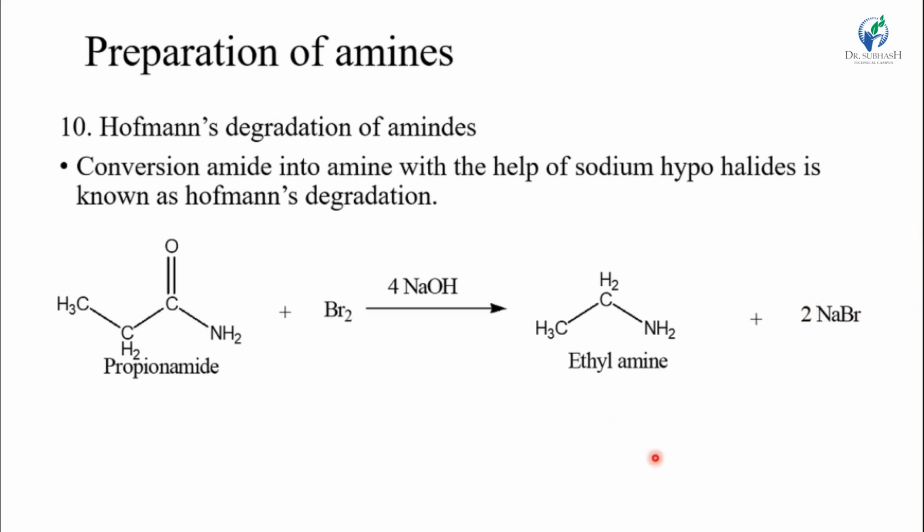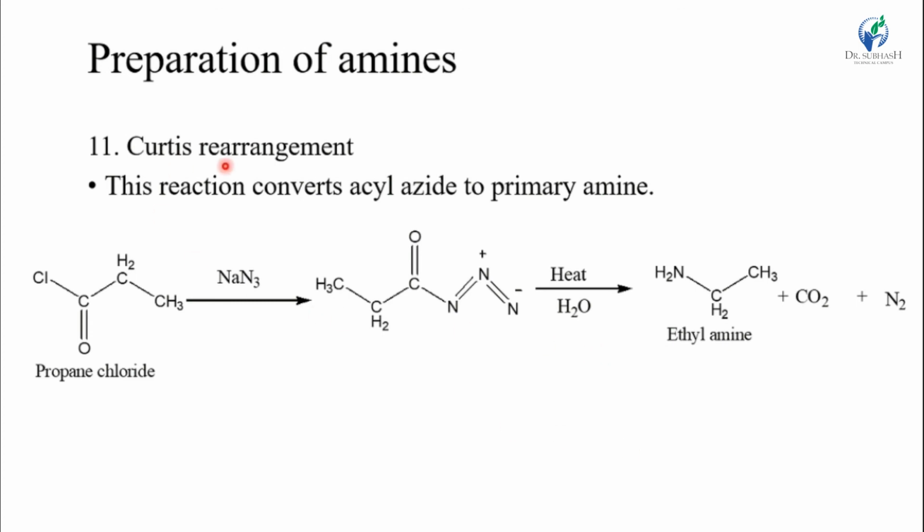Then 11 is the Curtius rearrangement. So here the whole structure is rearranged, newly arranged. So here first we take propane chloride and react with sodium azide, NaN3.